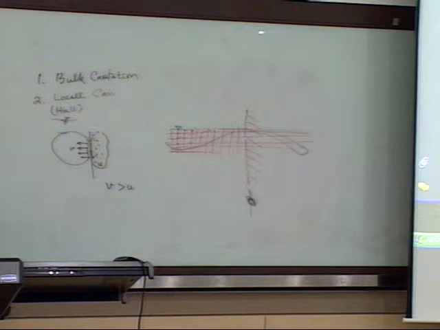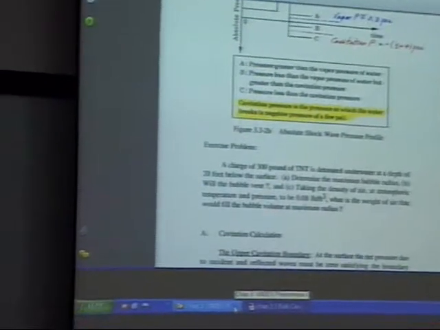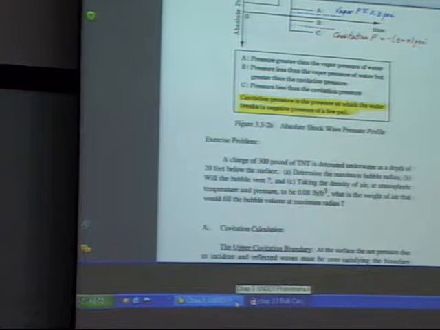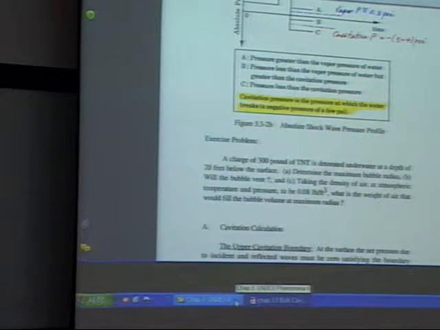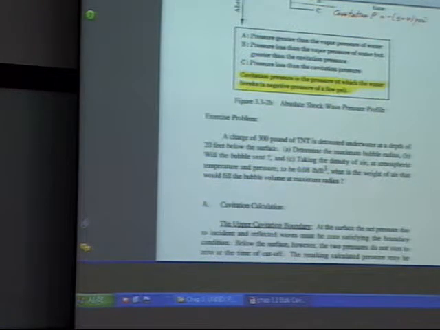And then there is an exercise problem here. Whenever I show an exercise, this is homework, okay? Last year I put this on a sheet and handed it out to you. No reason to do that. That's the second year. So this is due a week after whenever I assign it, from now on until we finish in December.